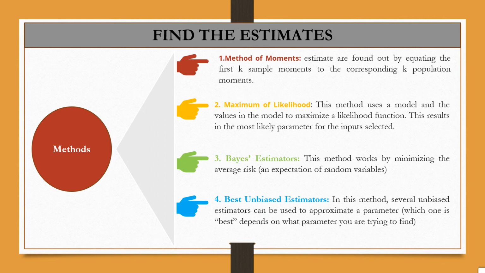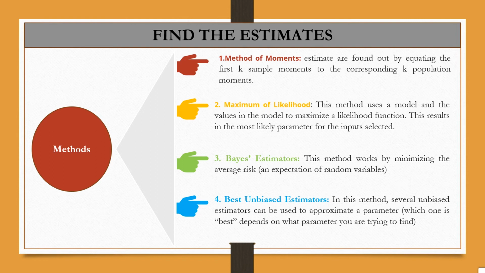This works by minimizing the errors or the average risk. The Bayes estimator has a lot to do with the Bayes theorem. Let's not get into the depth of these estimation methods. Finally, we have the best unbiased estimators. In this method, there are several unbiased estimators that can be used to approximate a parameter.